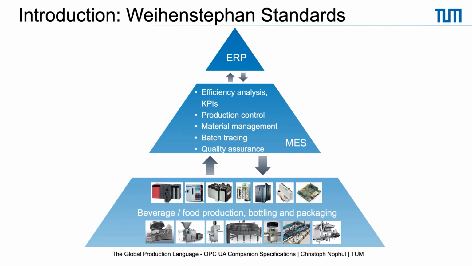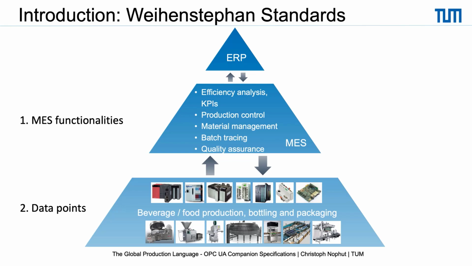The Weihenstephan standards cover three aspects in the classical automation pyramid. The first aspect is the definition of MES functionalities, such as calculating KPIs, efficiency analysis, but also includes batch and article tracing and quality assurance.